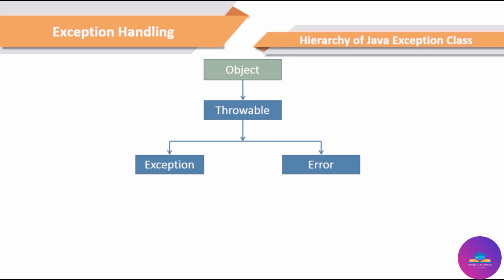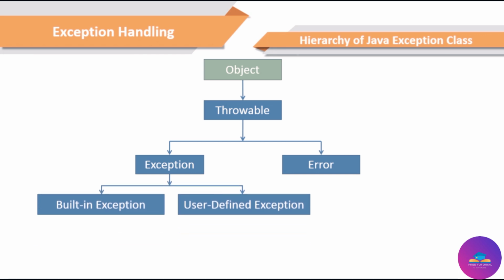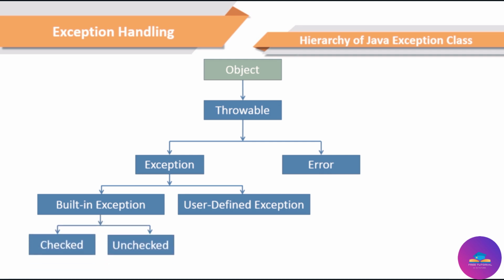Now, Throwable has two subclasses, error and exception. And exceptions have been further categorized in two ways: built-in exceptions and user-defined exceptions. Now, all checked and unchecked exceptions are built-in exceptions of Java. So let's learn these exceptions in detail.